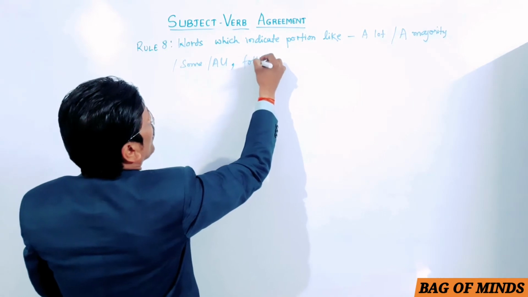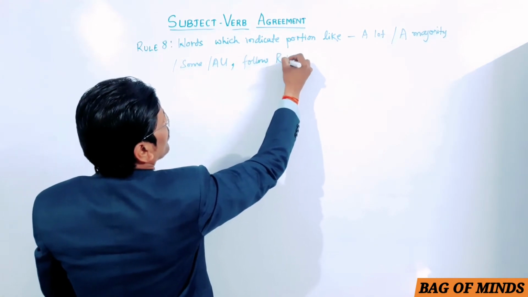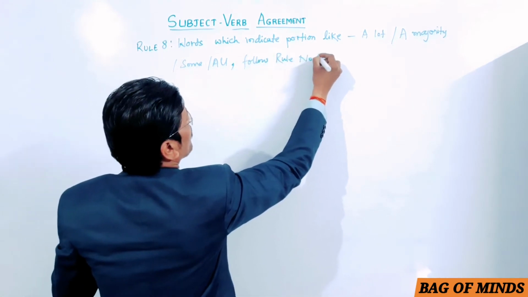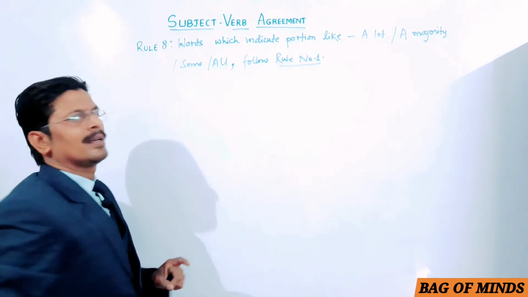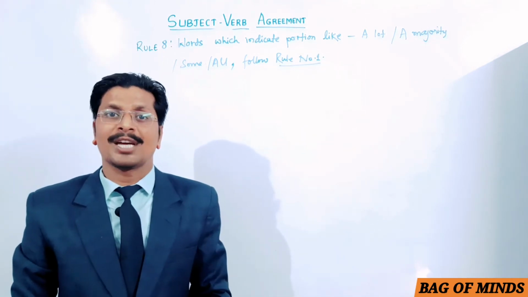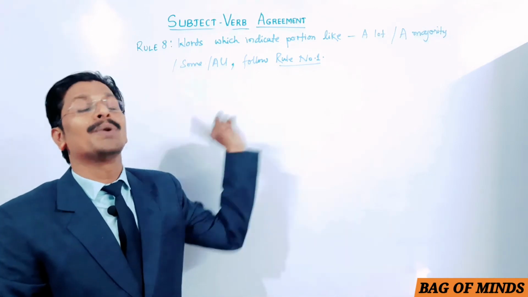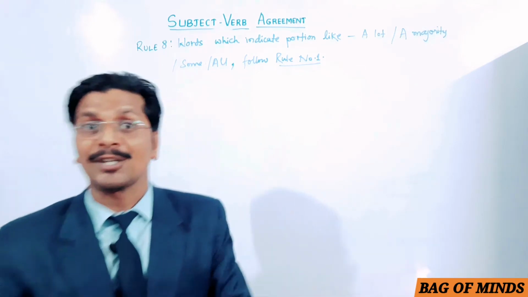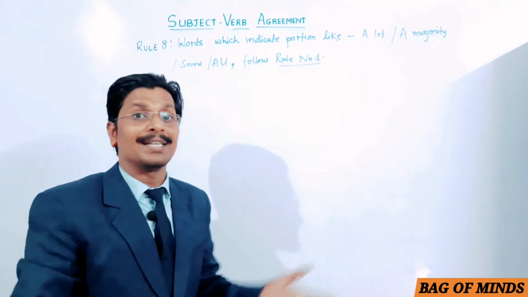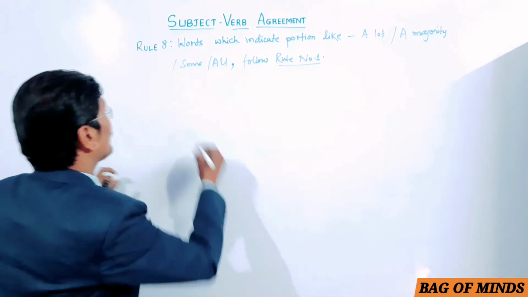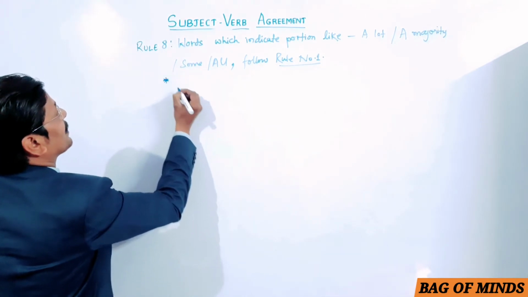Follow rule number 1. Now you remember rule number 1? Use singular verbs with singular subjects, plural verbs with plural subjects. But here the question is, how do I identify which one is singular or plural? So let me put a star mark here.